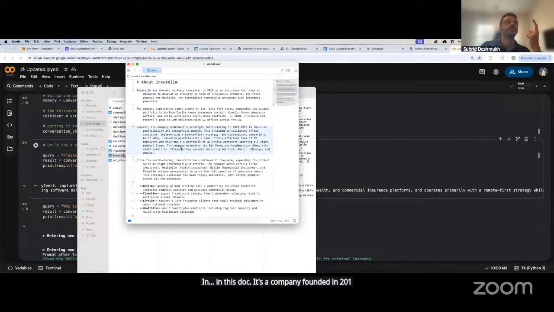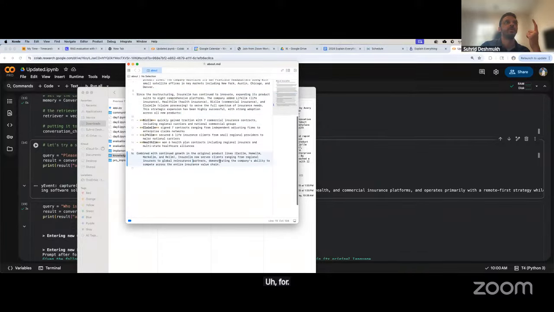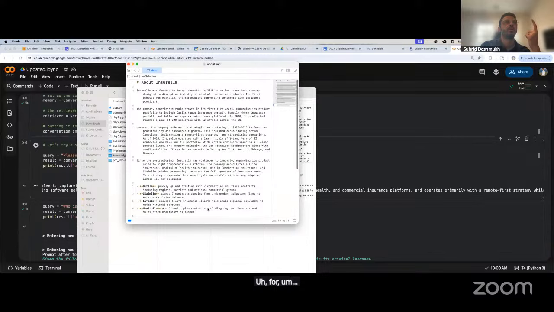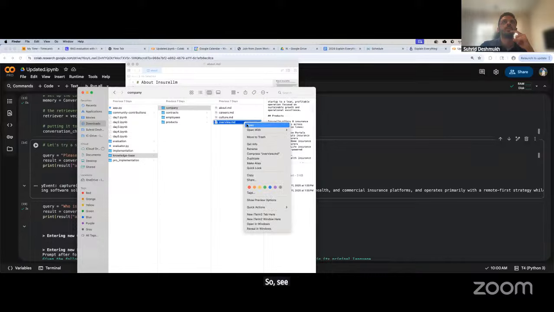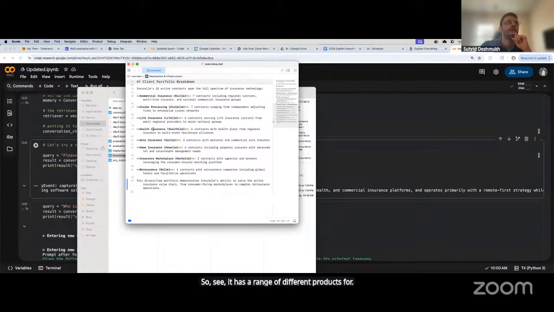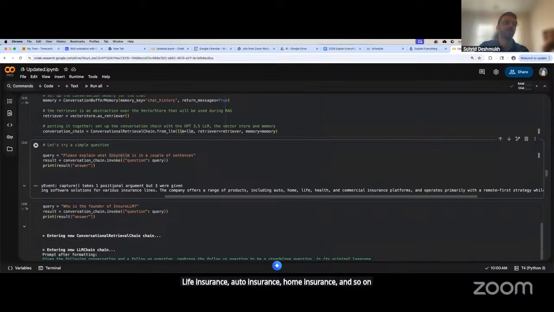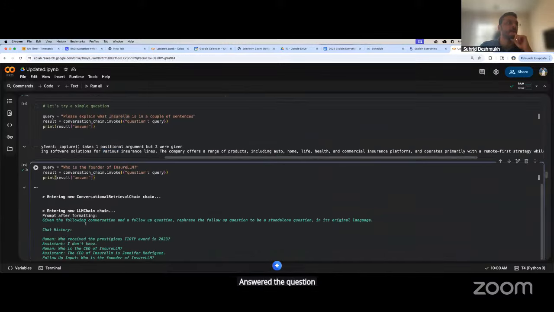It has a range of different products for life insurance, auto insurance, home insurance, and so on. And that is what our RAG-based system answered the question like that.